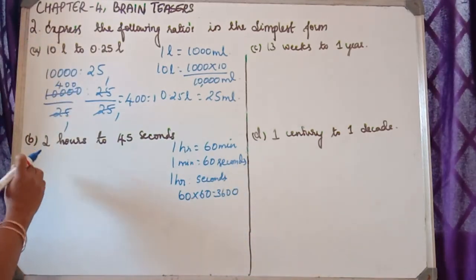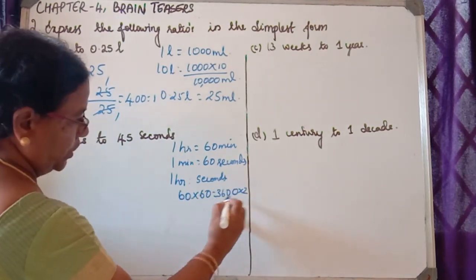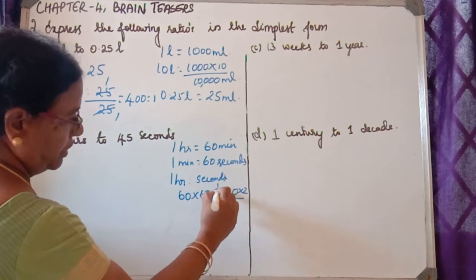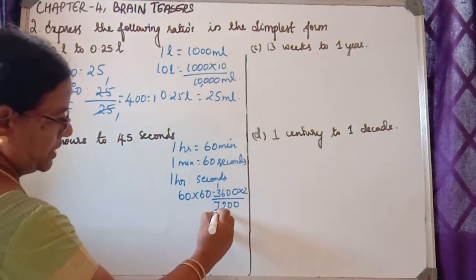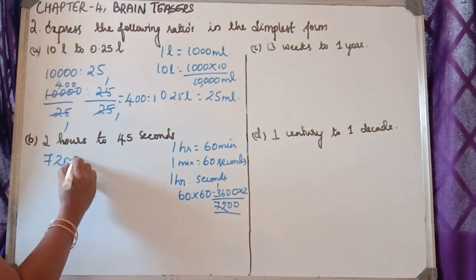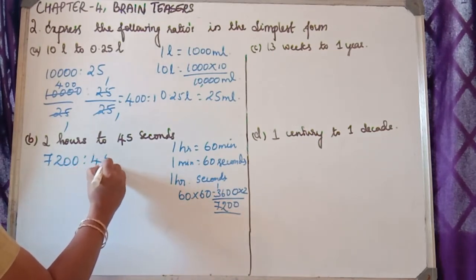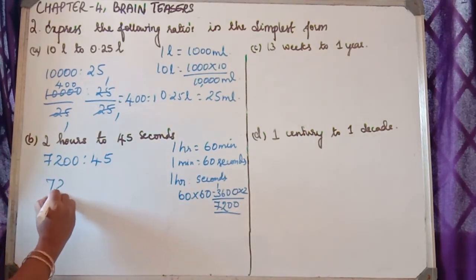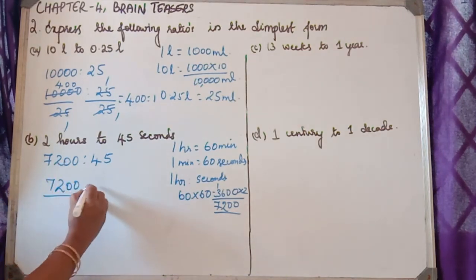Here how many hours are given? 2 hours. So into 2. 0, 0, 6 2s are 12. Remainder 1. 3 2s are 6 plus 1, 7. So 7,200 seconds is to 45 seconds. Now we have to convert into the simplest form.